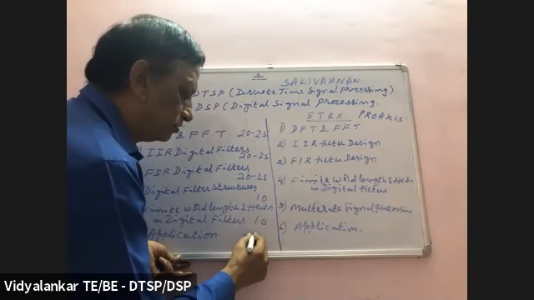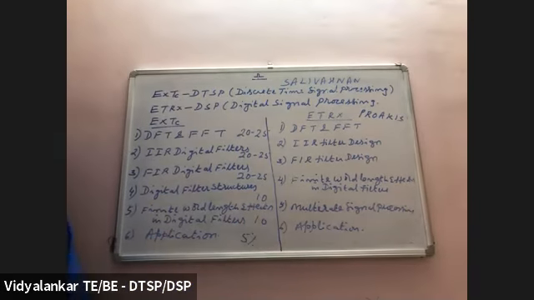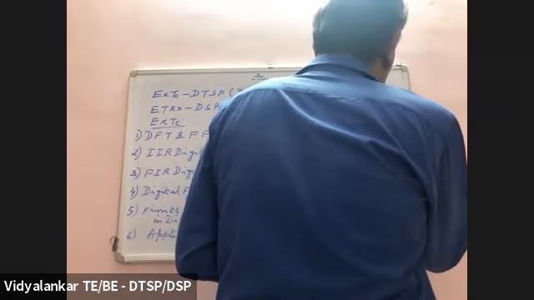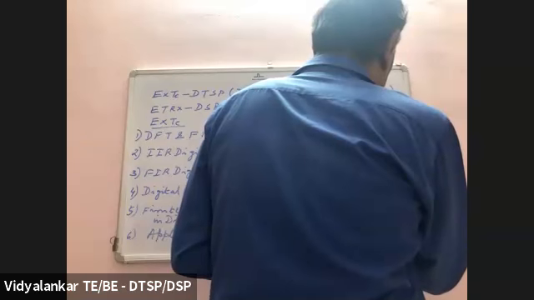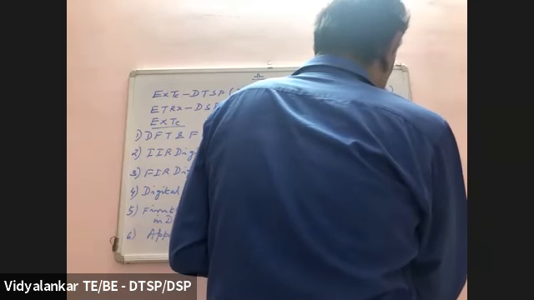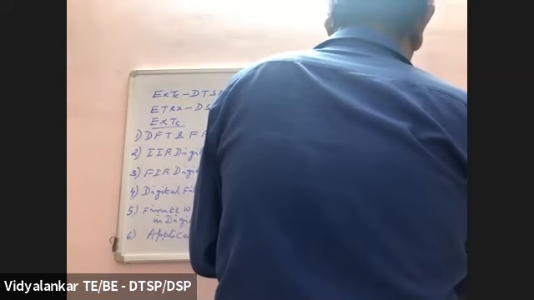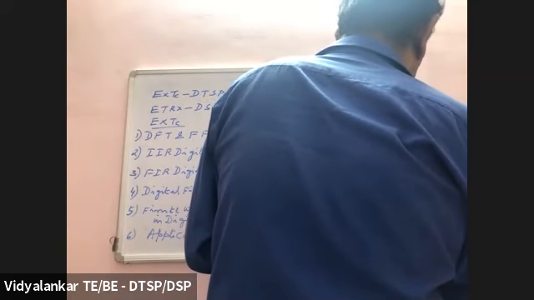This is 5%. Here also, this is 20 to 25%, this is 20 to 25%, this is 20 to 25%. This is 10%, this is 10%, this is 5%.